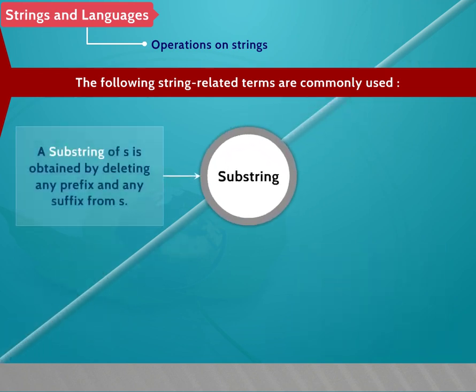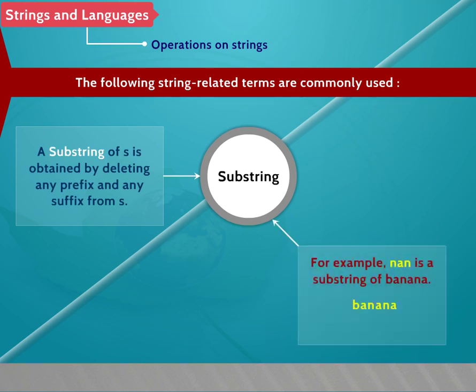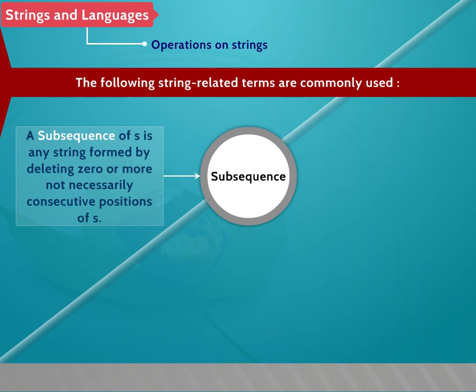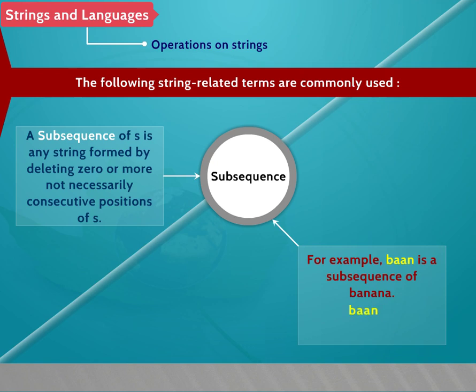Substring: a substring of S is obtained by deleting any prefix and any suffix from S. For example, nan is a substring of banana. Subsequence: a subsequence of S is any string formed by deleting 0 or more, not necessarily consecutive, positions of S. For example, ban is a subsequence of banana.